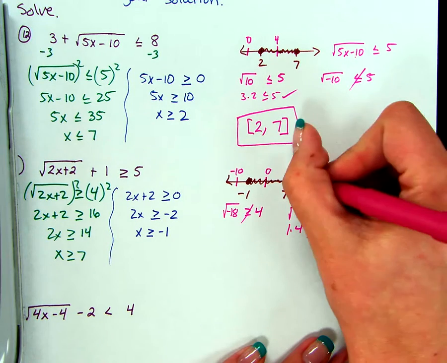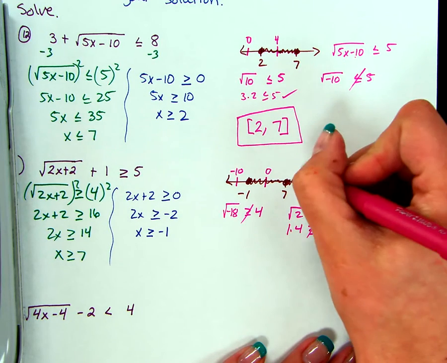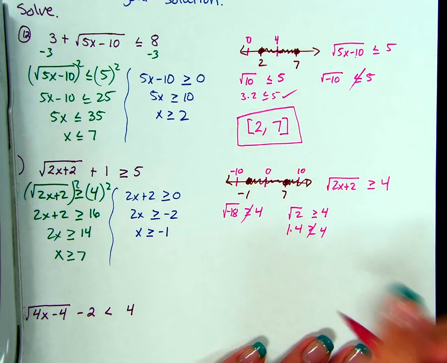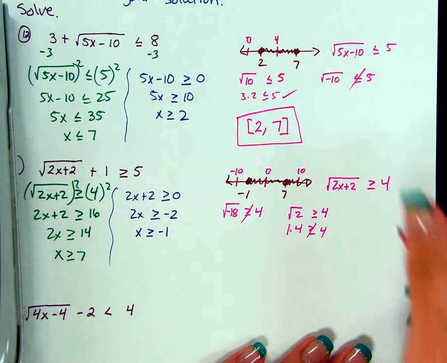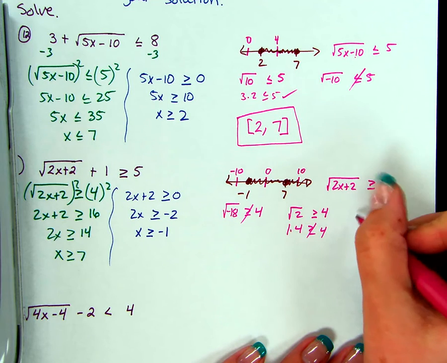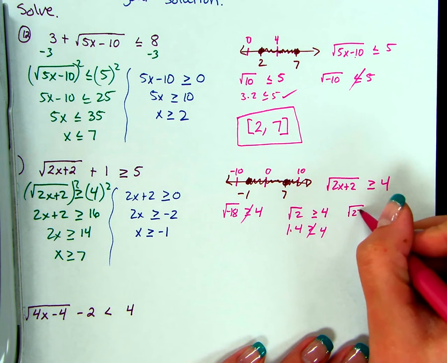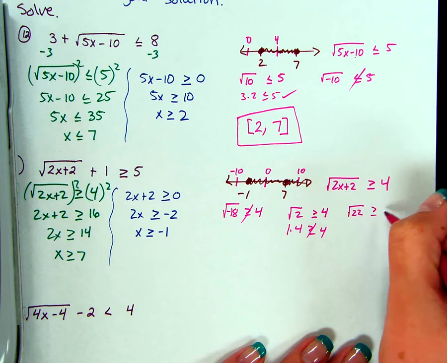Then I'm going to test a number on the other side, let's just pick 10. Again, you can pick any numbers you want. I'm just trying to pick easy numbers to multiply by. So 2 times 10 is 20, plus 2 is the square root of 22, greater than or equal to 4.